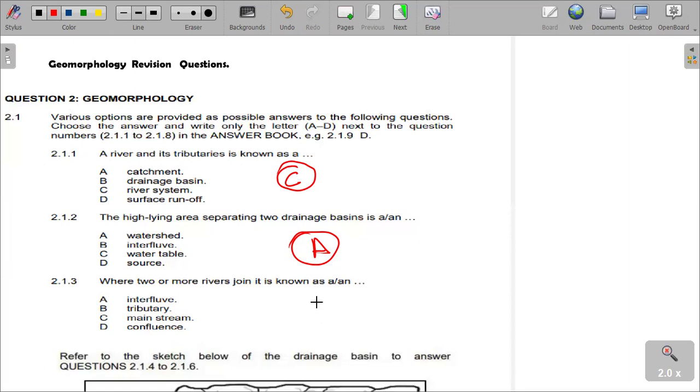So where two or more rivers join together, it is called a confluence, which is D. Remember this, because it also helps us understand stream orders, which we will see in our next question.